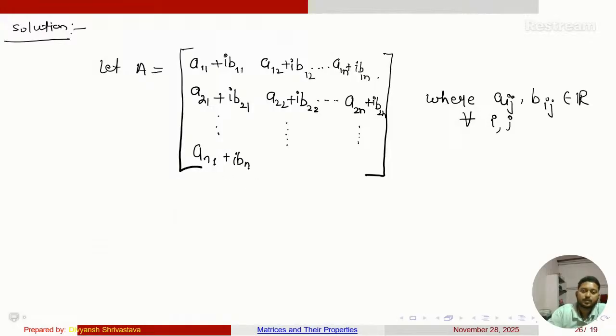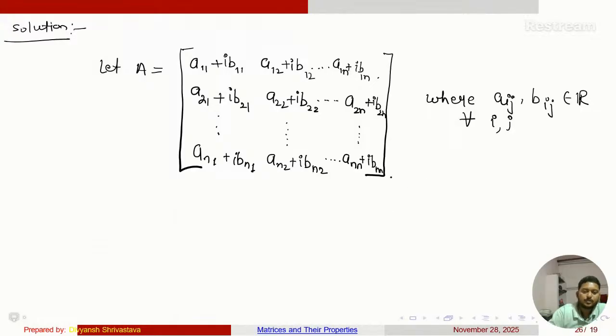Okay, the next entry is an2 plus iota bn2, and this also goes on. The last part is ann plus iota bnn.